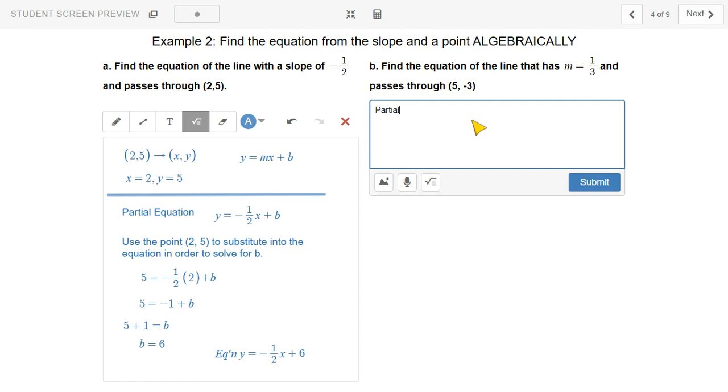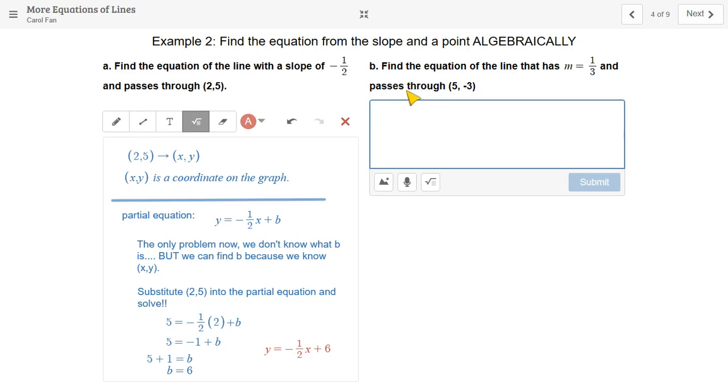We're going to first write our partial equation. So we have y is equal to 1/3 x plus b. We know that x is equal to 5 and y is equal to -3. Second question here. Find the equation of the line that has a slope of 1 over 3 and passes through 5, negative 3.